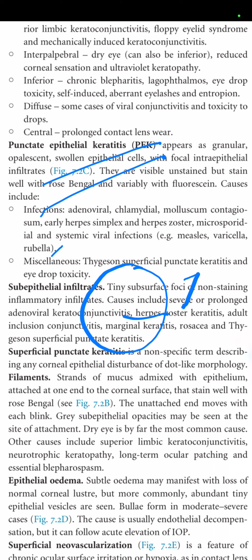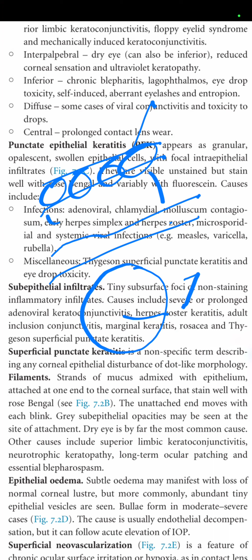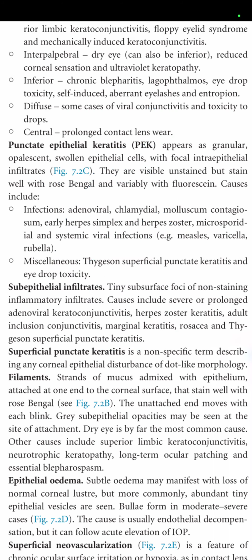Say this is a corneal layer: this is epithelium, this is stroma, and this is endothelium. The epithelial cells get swollen up, and there are infiltrates within the epithelium. So this is punctate epithelial keratitis.